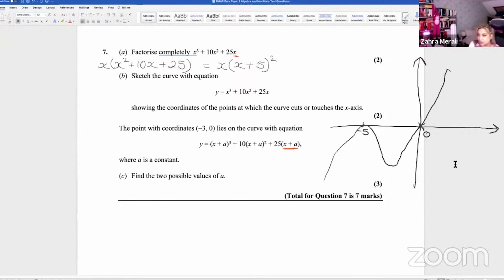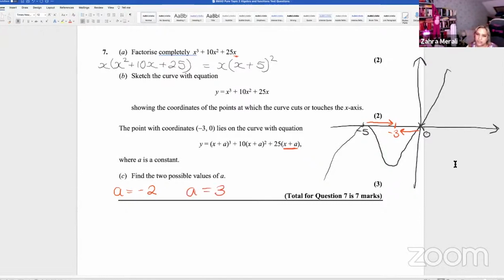We don't know whether that a is positive or negative, but we want it to go through minus 3. So either that minus 5 has shifted to minus 3, or the 0 has shifted to minus 3. If the minus 5 has shifted to minus 3, the a must be minus 2, because remember, it's always the opposite. So we could have minus 2 there. If the 0 has shifted to minus 3, then the a must be 3.